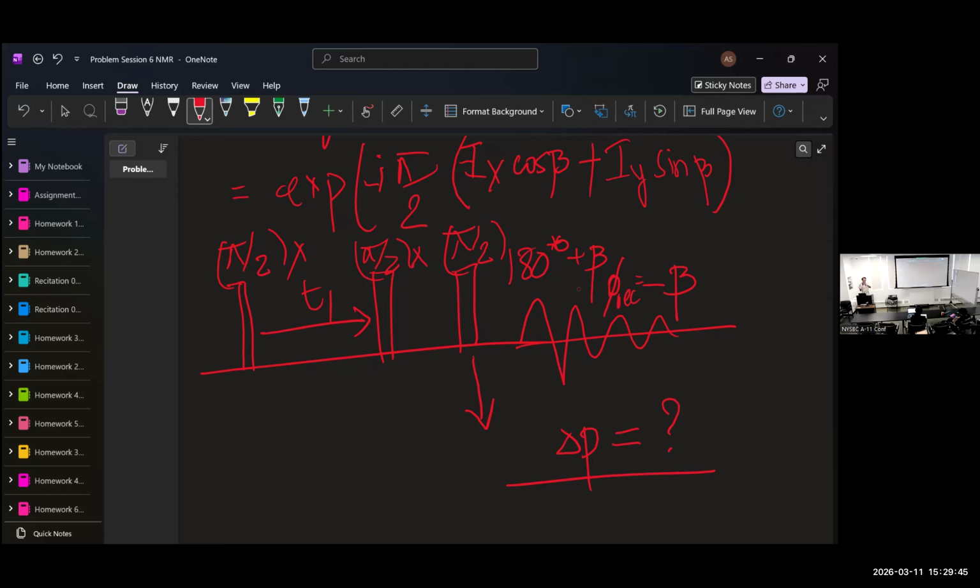And therefore, before those pulses, what coherence will you pick up? We have just enough time to see if anybody has the answer.